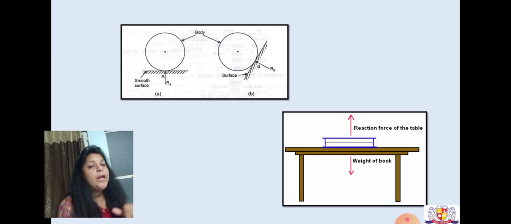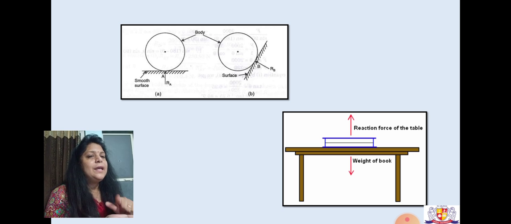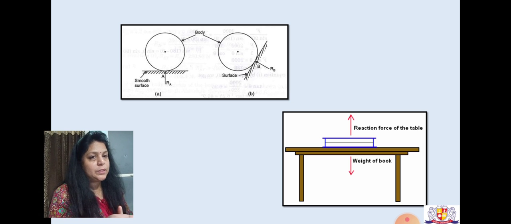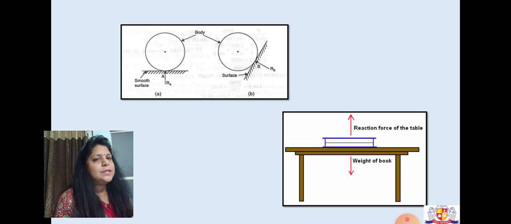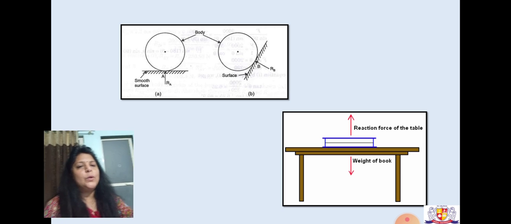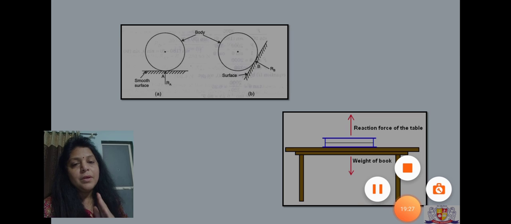The point of contact of both surfaces is the point at which the reaction is produced. In diagram 1, a sphere is lying on the horizontal, so the reaction is produced at the point of contact of the support and the sphere.